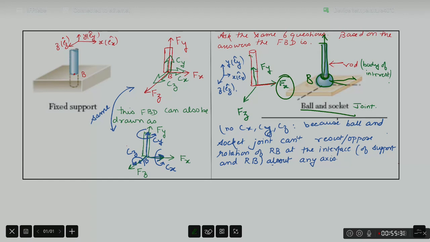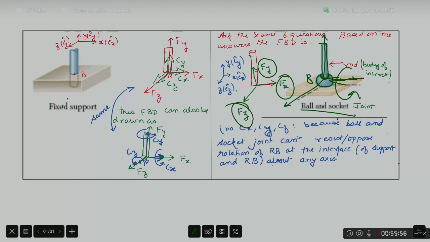But the next 3 questions are going to be interesting. You ask, if I try to rotate my RB along x-axis like this, will your support resist it? His answer will be no. He has designed his support such that there is no resistance to the rigid body rotation in this direction. And that is why there is no Cx.